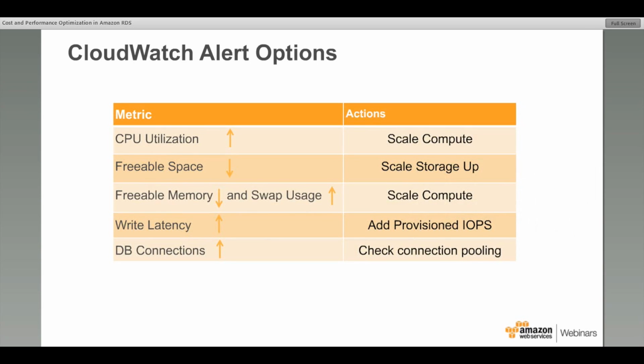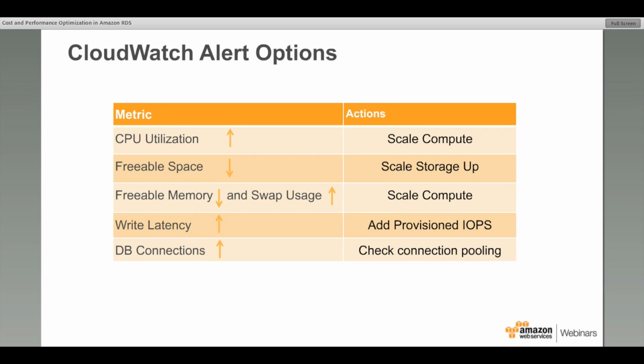Here's a quick cheat sheet to look at different metrics and what actions I can take. If I have high CPU utilization, I want to scale up my compute, which could mean going to a new instance family or new instance type. If my freeable space is low, I'll want to scale my storage.